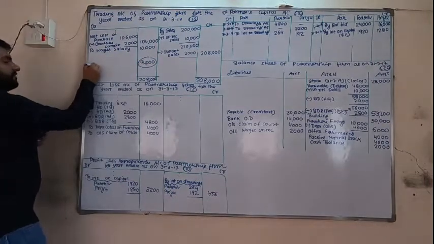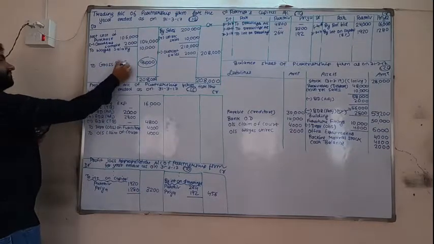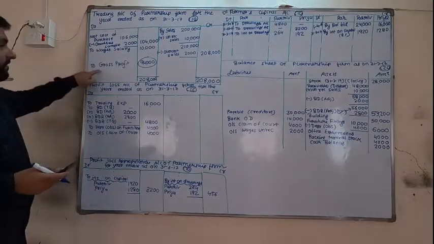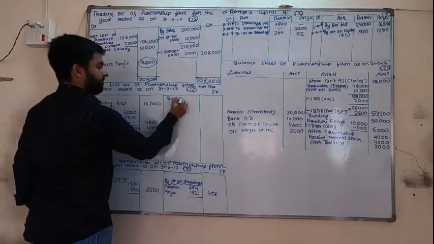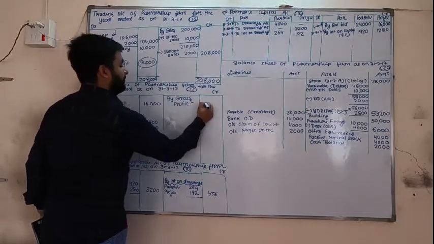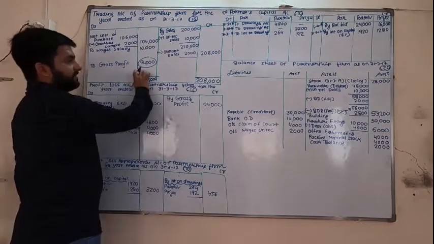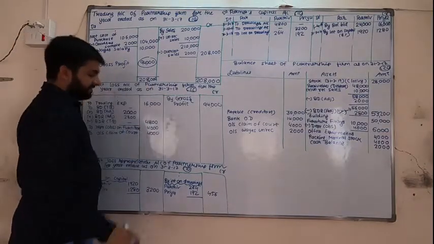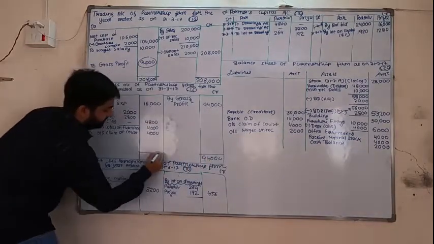Now this 94,000 is gross profit. This is debited, here it is credited. By gross profit 94,000. First we have closed the trading account and this is the balance, this is debited, so here it is credited.